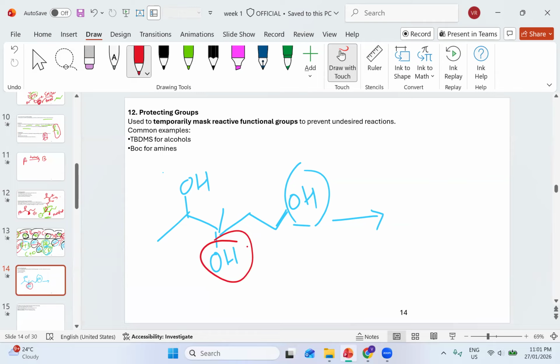A reaction like oxidation, let's say. So we want the product.